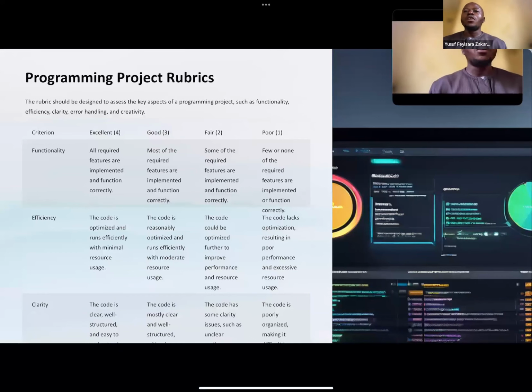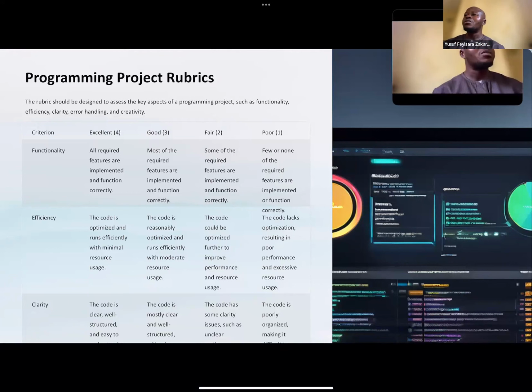Now let's look at this example. This is an example of a rubric for grading programming projects. This is how it looks. You can see on the left part of the table, you have criterion, and in there you have functionality, efficiency, and clarity. Levels of performance: excellent, good, fair, then poor.